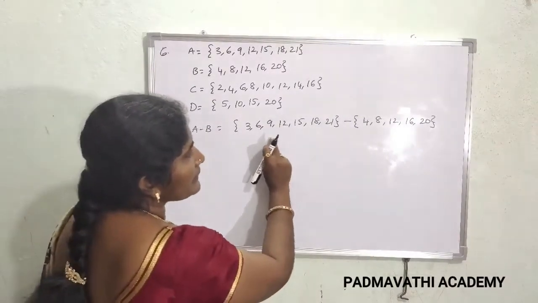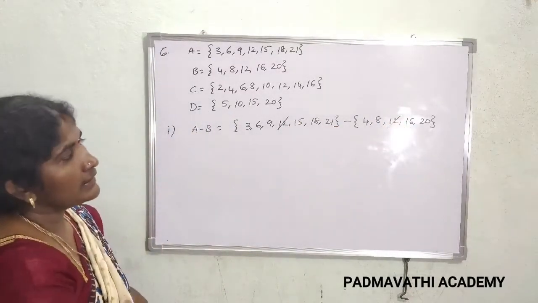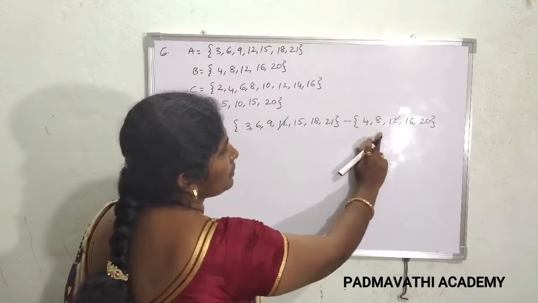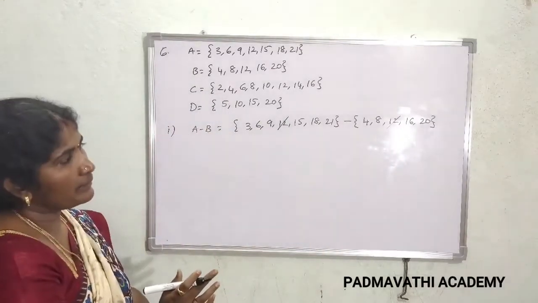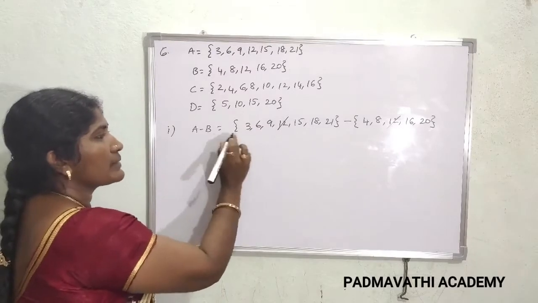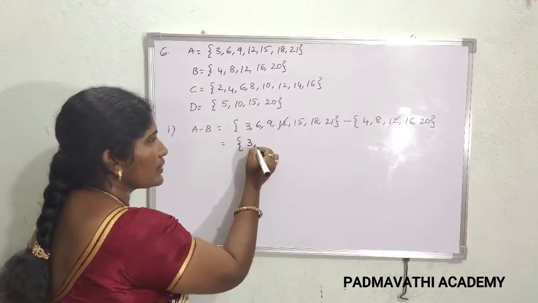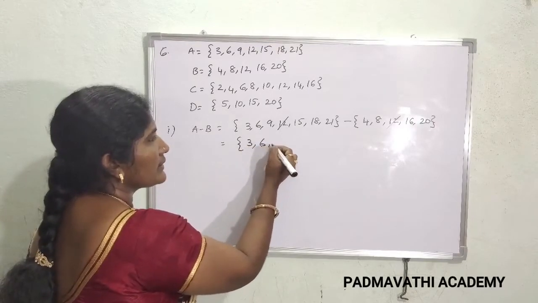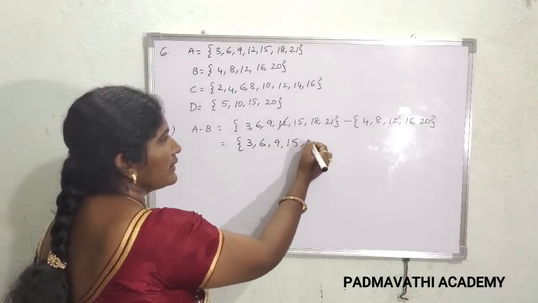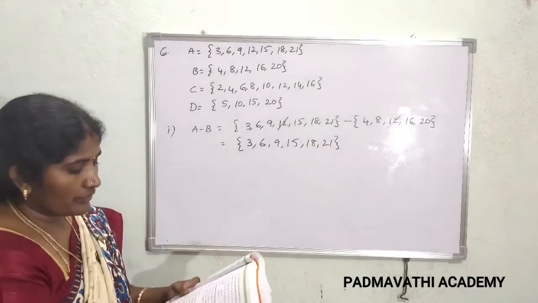What are the common elements in both? 12 is common. Let us cancel it. Next, are any remaining elements common? No common elements. So here, A minus B: in the first set, what are the remaining elements? That only you have to copy. 3, 6, 9, 15, 18, 21. That's it.